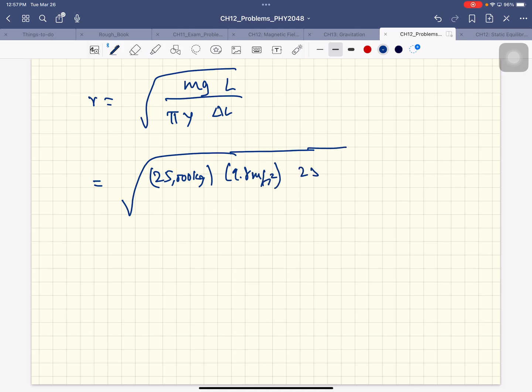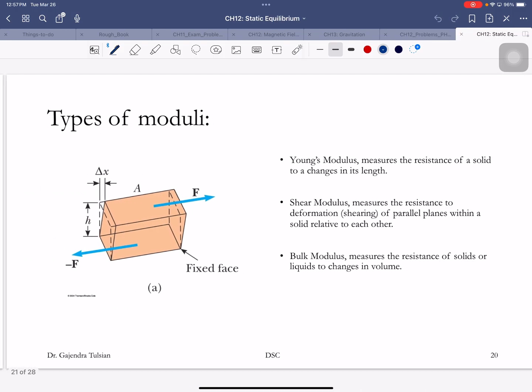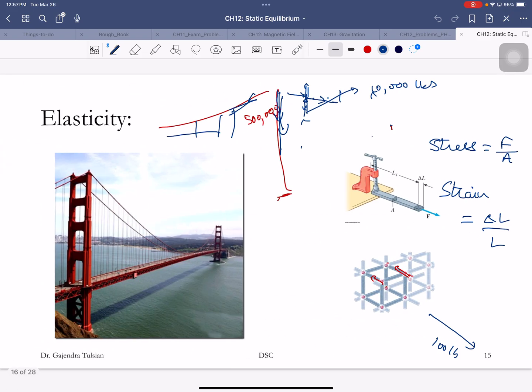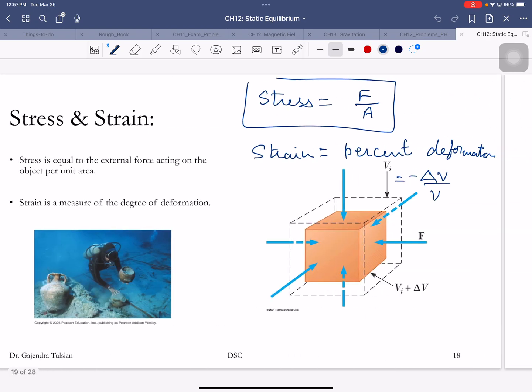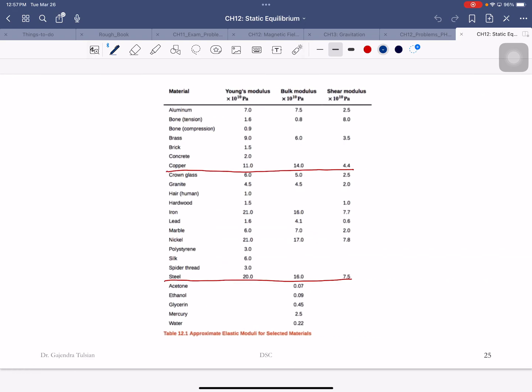L was 25 meters. Delta L was 1 centimeter, which is 10 to the minus 2 meters. And Y, we have to look up Y for steel. Okay, so there we go. Young's modulus for steel, 20 times 10 to the 10 pascals.